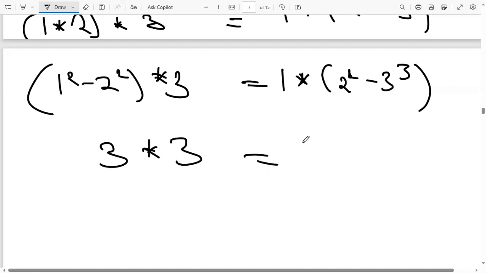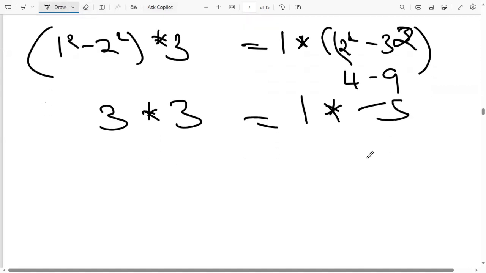That is equal to 1 star, and this will be a 4 here, because 2 squared is 4, minus 3 squared. So 3 squared will be 9, so 4 minus 9 will be minus 5 there. Okay, so we have a minus 5 there.